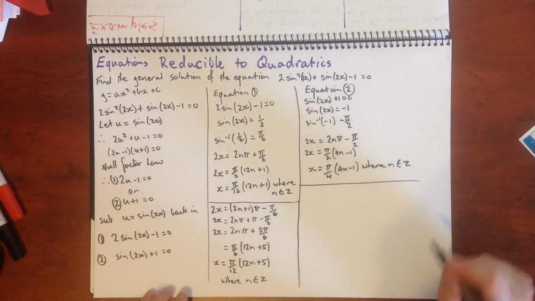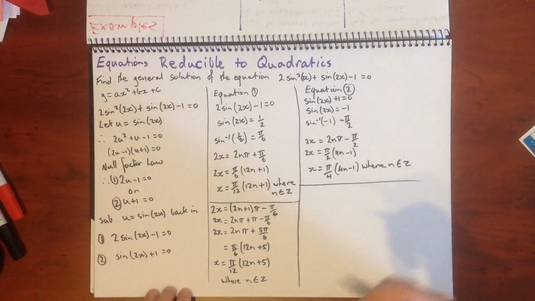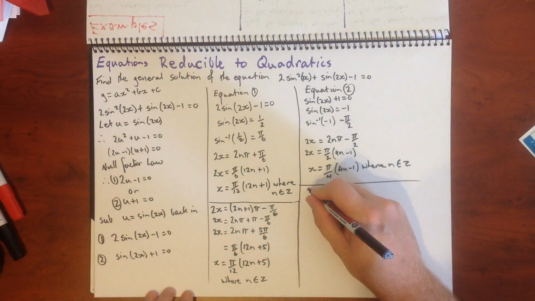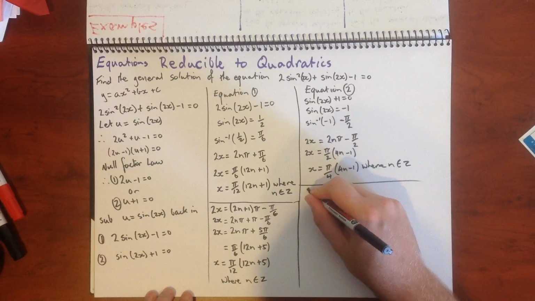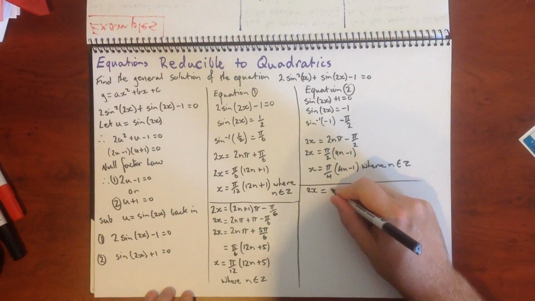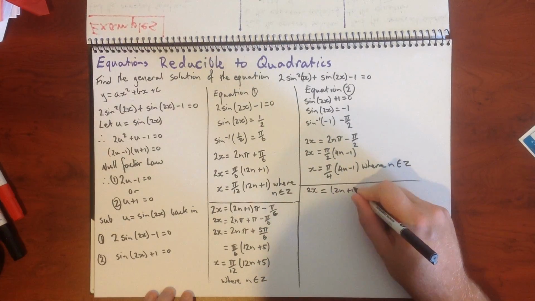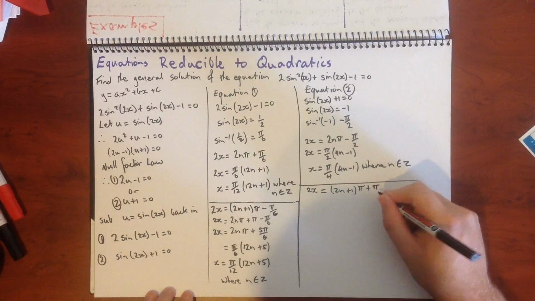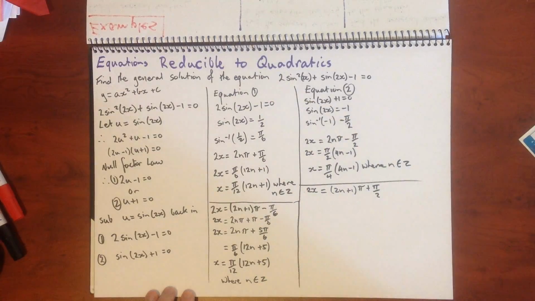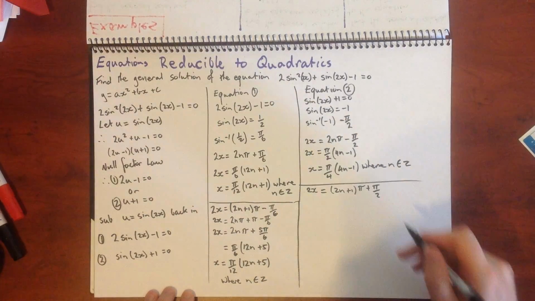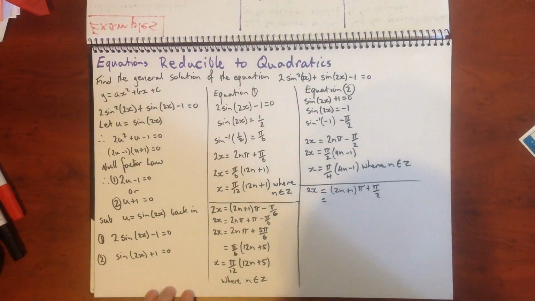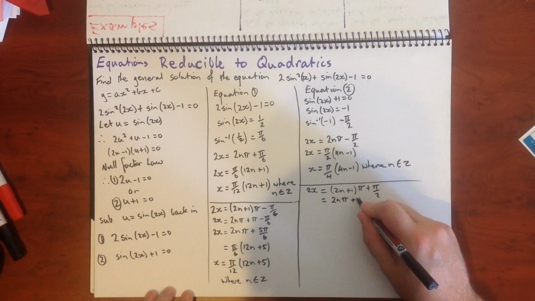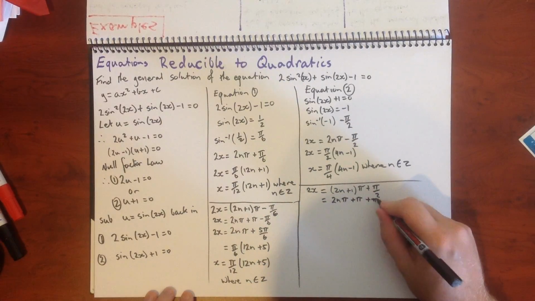Okay, and we need our second one, okay, where we have our 2x equaling our 2n plus 1 pi plus pi on 2, okay, because of the double negative, which means we're going to have to expand out our brackets, and we've got 2n pi plus pi on 2.